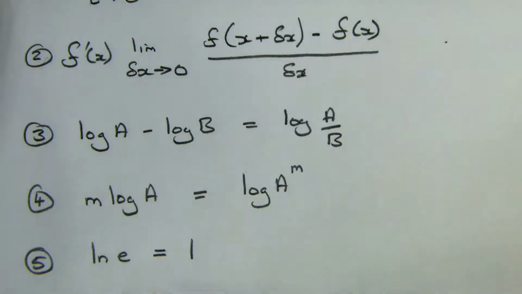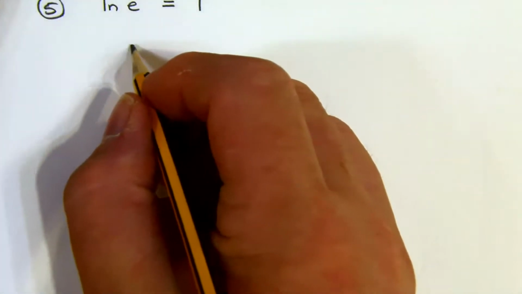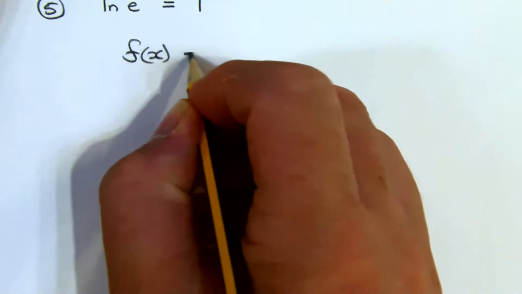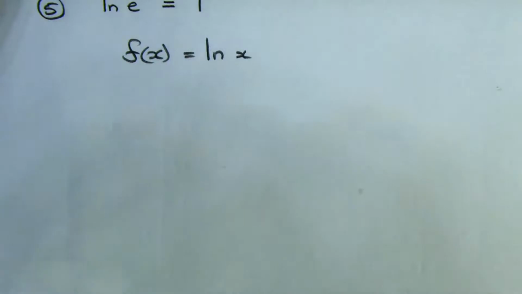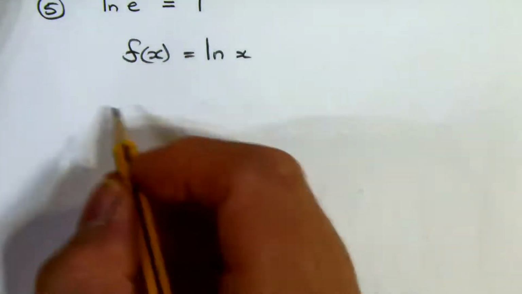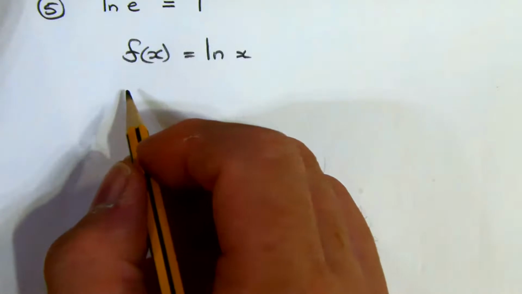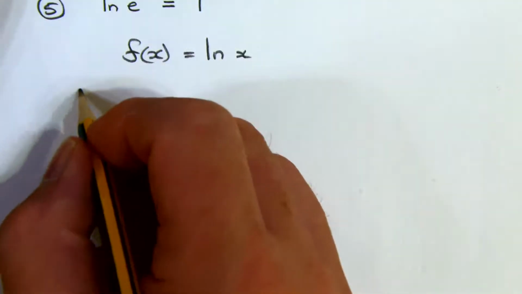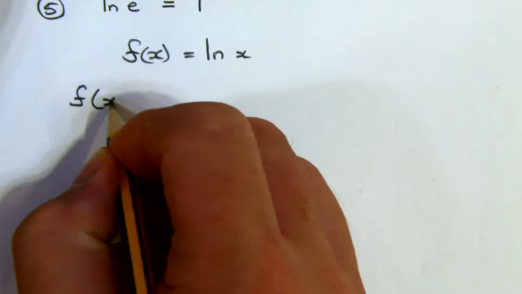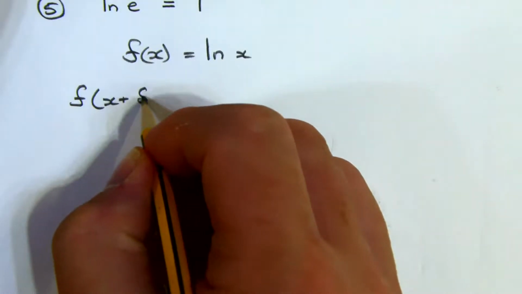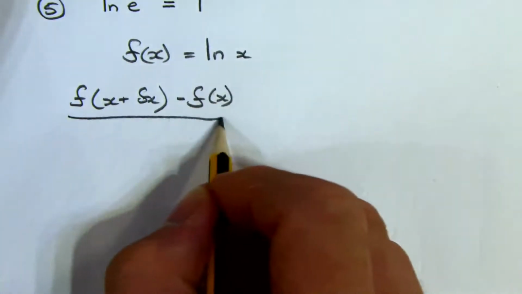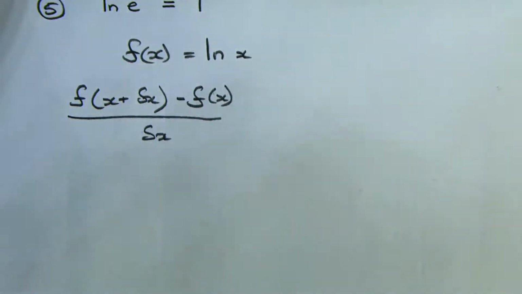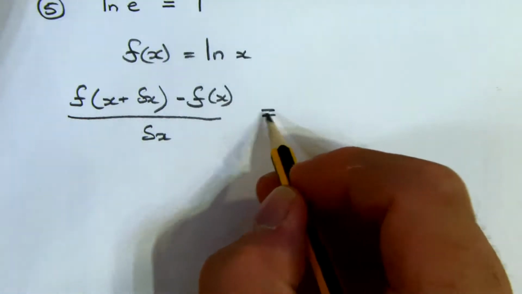So we're going to have those ideas in our mind, and we're going to work out f of x equals ln x. We know, using our function of the derivative, that f of x plus delta x minus f of x all over delta x, we could write that with our ln here.